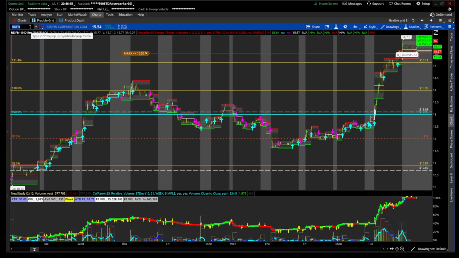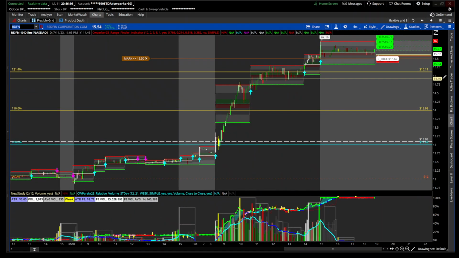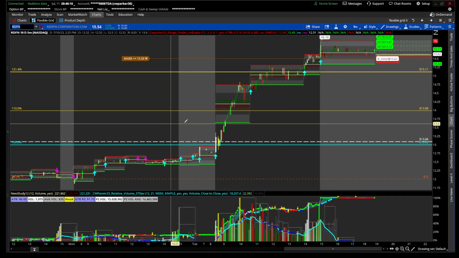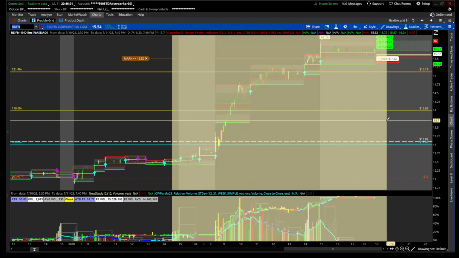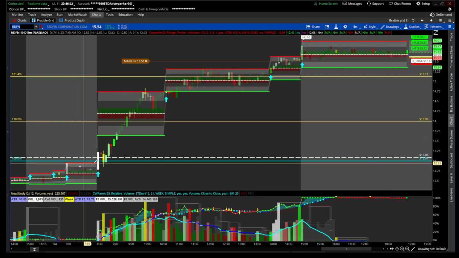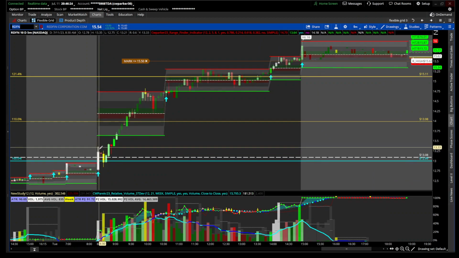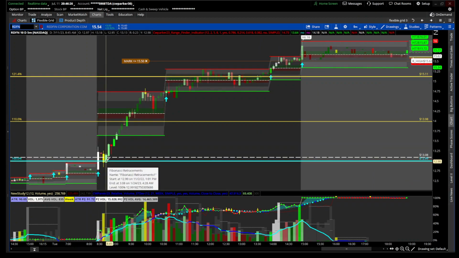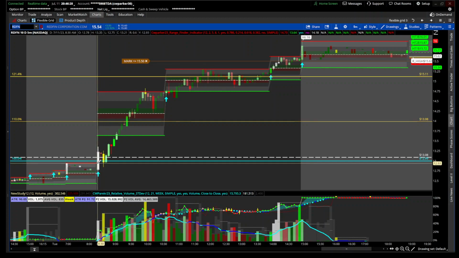RDFN. It's housing technology. Basically, they're mapping houses with this technology. Here's your break, this pre-market backtest, back down to this field, probably back down to the high of this previous high right here.